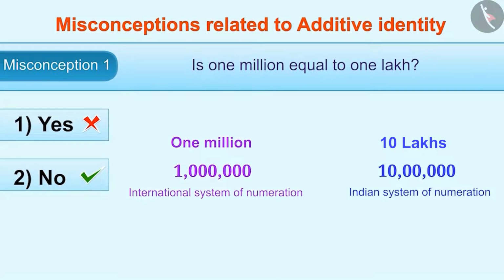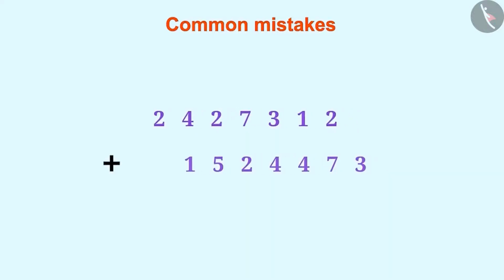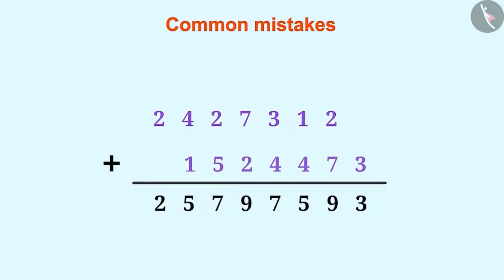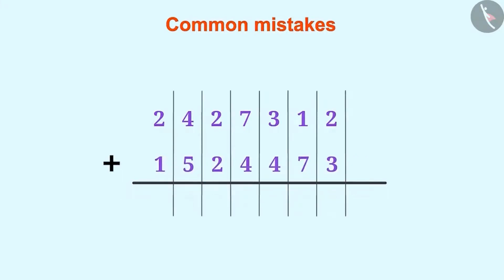In the same way, let's now see some common mistakes. While adding or subtracting two numbers, they are often not written at appropriate places. This makes the solution incorrect. Keeping the numbers in their columns, operations are performed on digits located at the same places. This gives the correct answer.